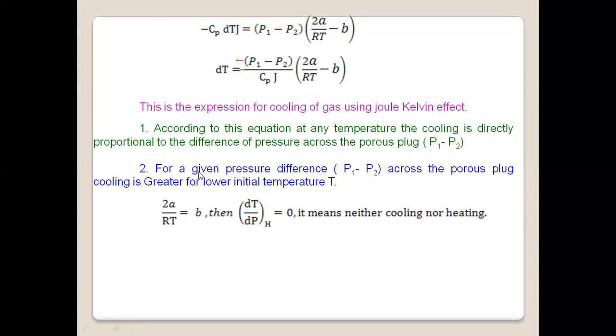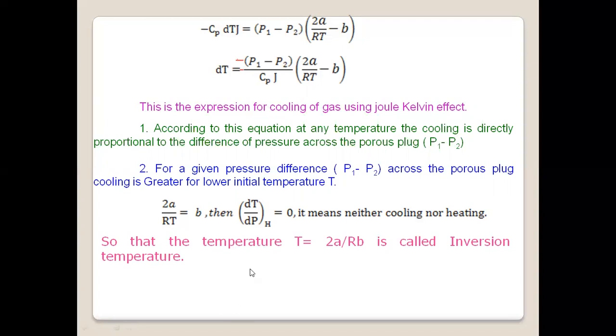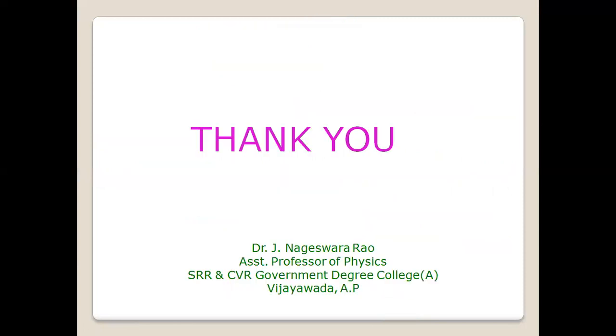At this condition, T is equal to 2a by Rb, and that temperature is called the inversion temperature. This depends on the constants a and b and R, the gas constant of the van der Waals equation. So depending on the initial temperature, the gas may show a heating effect or a cooling effect at room temperatures. So this is about the Joule-Kelvin effect and how its magnitude changes.